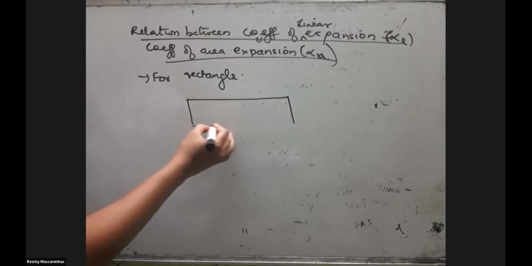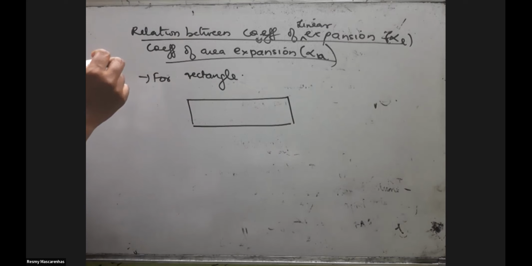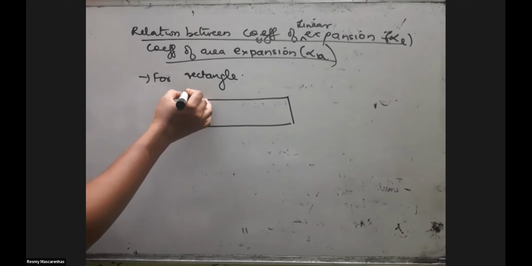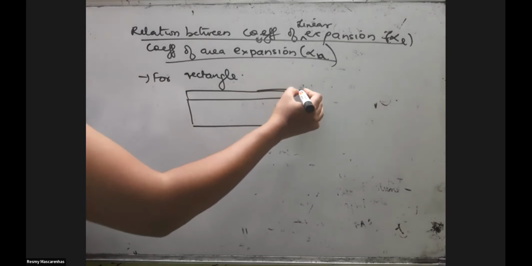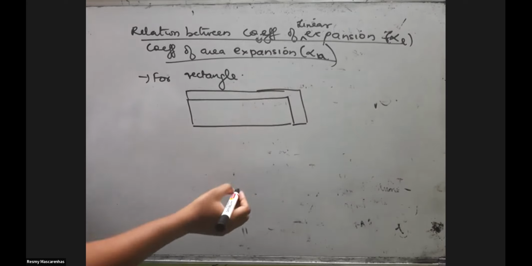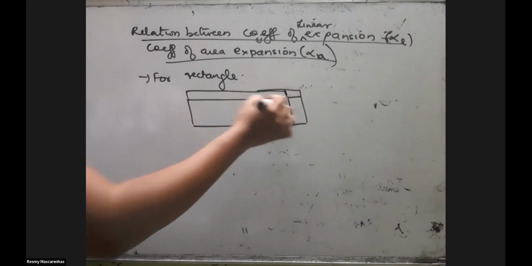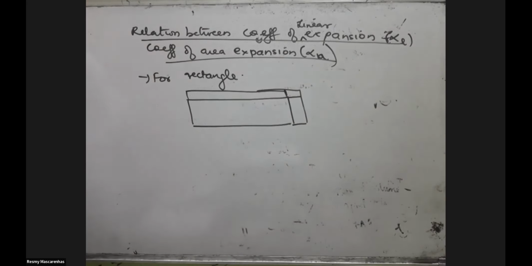Suppose we had a rectangle. I will draw only this part, one side only. Suppose this is the extended part.